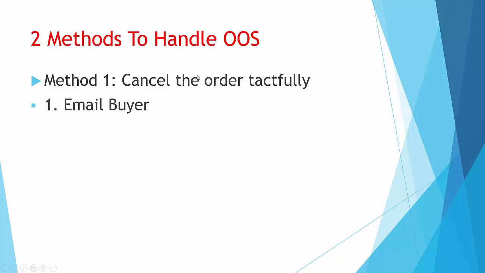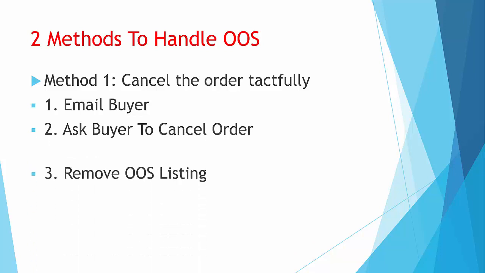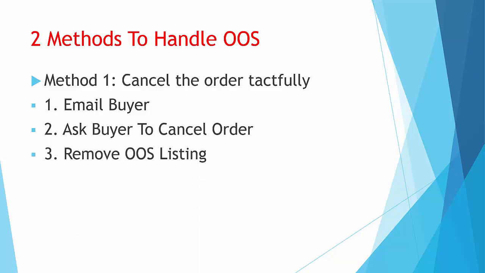Always email the buyer that the product you're trying to fulfill has some kind of missing item, and ask the buyer to cancel the order. The next step is to remove the out of stock item from your eBay store. This is to prevent the buyer from emailing back saying how come you're still selling the same item even though you said the item itself is faulty or has a missing item.